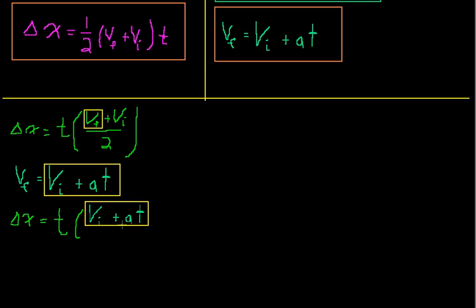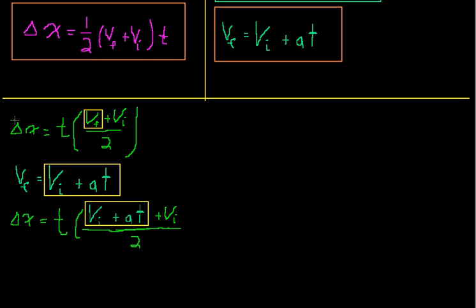And then it's that. I'm actually going to copy and paste it so you can see where everything's coming from. Plus Vi and all that over 2, right? I've got to make this a little bit longer line. But you see where I'm coming from?